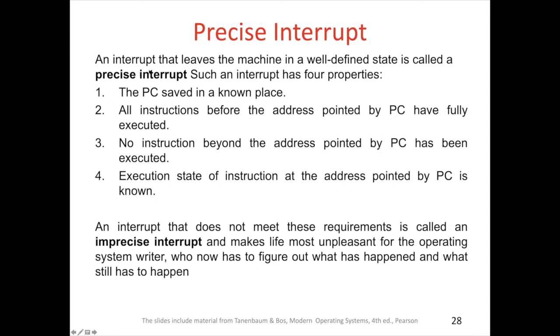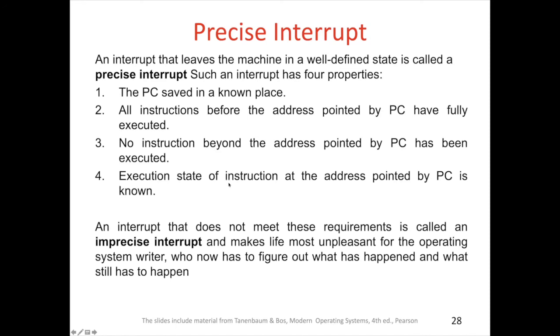An interrupt that leaves the machine in a well-defined state is called a precise interrupt. Such an interrupt has four properties. 1. The program counter is saved in a known place. 2. All instructions before the address pointed to by the program counter have fully executed. 3. No instruction beyond the address pointed to by the program counter has been executed. 4.